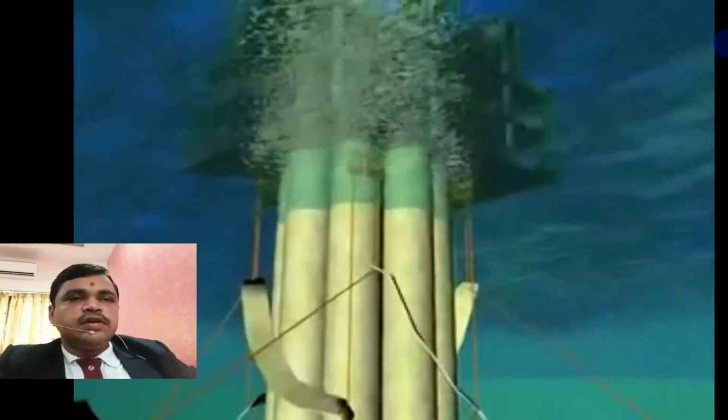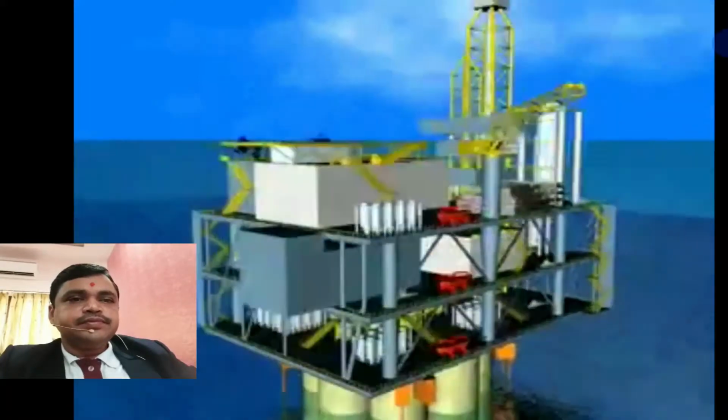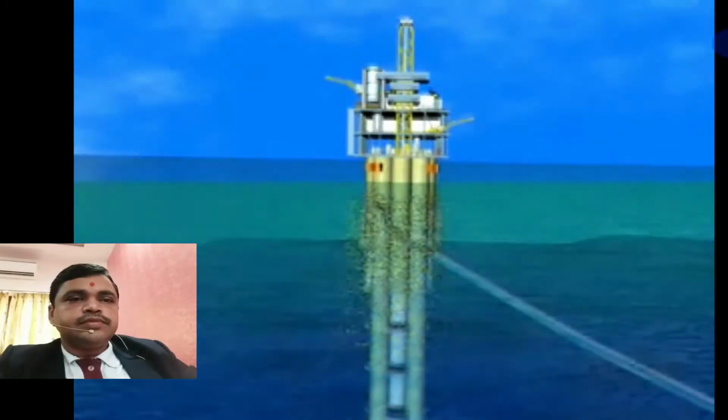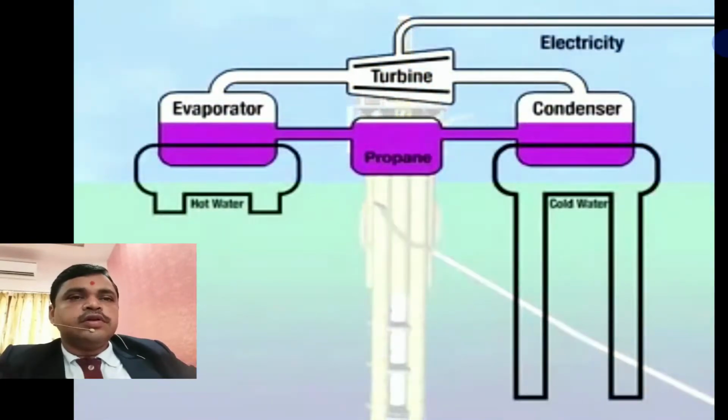In the sea, an ocean thermal energy conversion plant is situated. Here, both hot water and cold water are taken from the sea. This hot water is passed into the evaporator, and in the evaporator there is also a cycle with refrigerants, freon gas, ammonia.